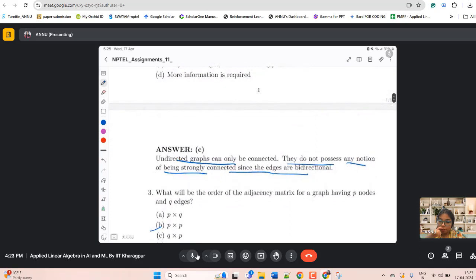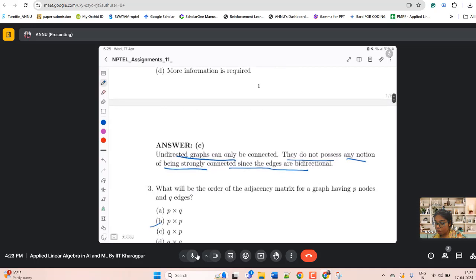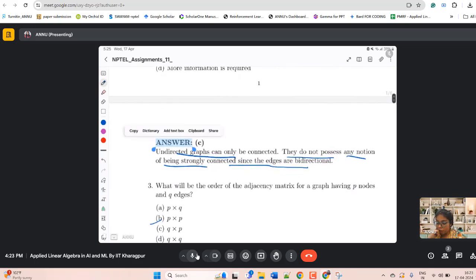Now tell me what will be the order of the adjacency matrix for a graph having P nodes and Q edges. There are four options. What is the answer? You remember how you calculate the adjacency matrix?